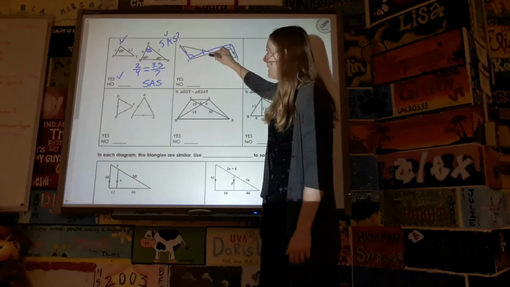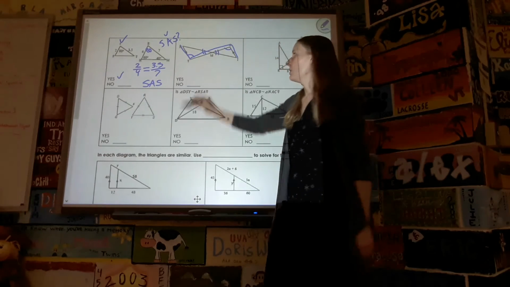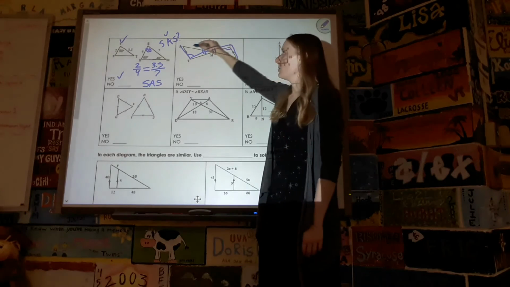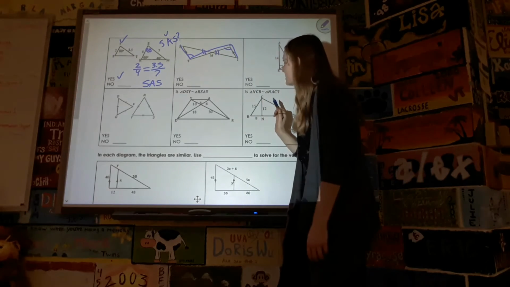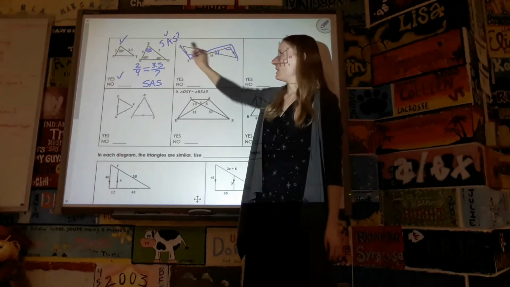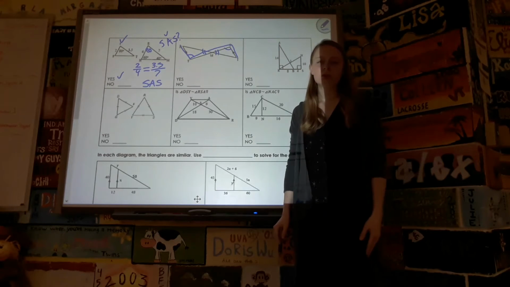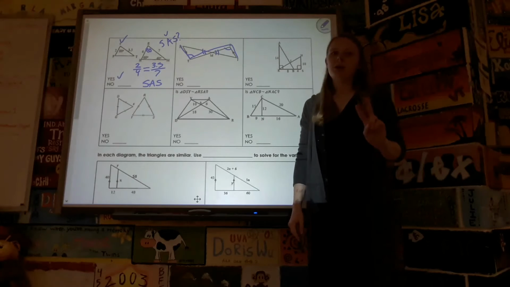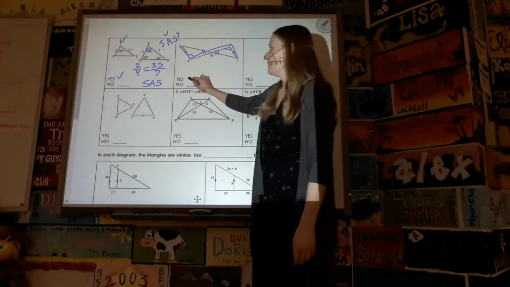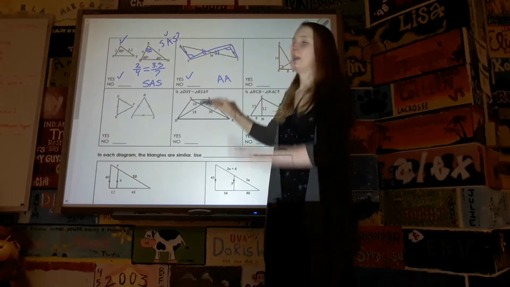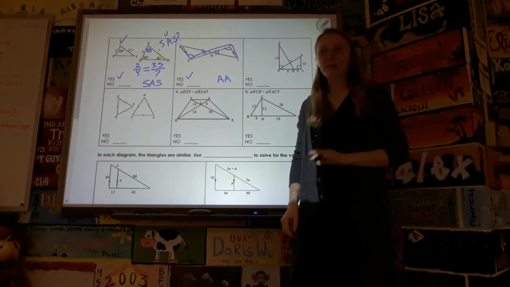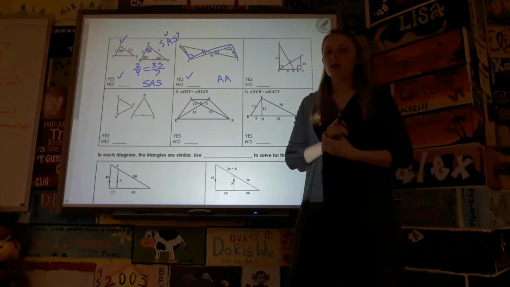And then I can also add these vertical angles. You could also do the Z the other way and get these angles, the H and the I, these corners right here and right here. You could also say that those are congruent and have all three sets of angles being congruent. But as soon as you have two, you can stop. So these would be similar by angle, angle, because I have two pairs of congruent angles.